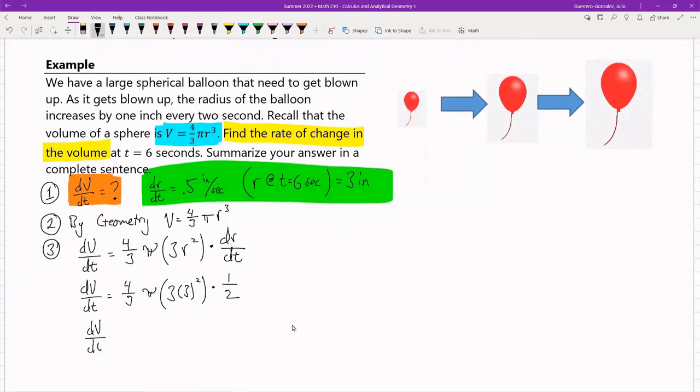So dV over dt, I'm going to simplify this a little bit. 3 squared is 9 times another 3 is 27. 27 times 4 is, heck, I don't know, something big.